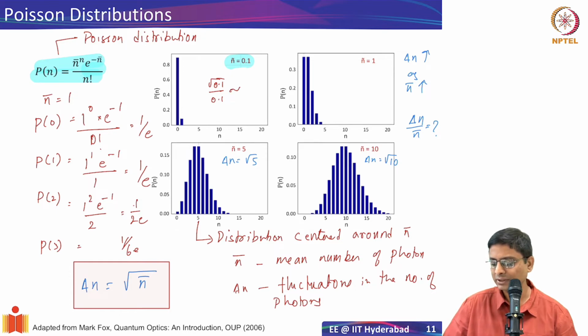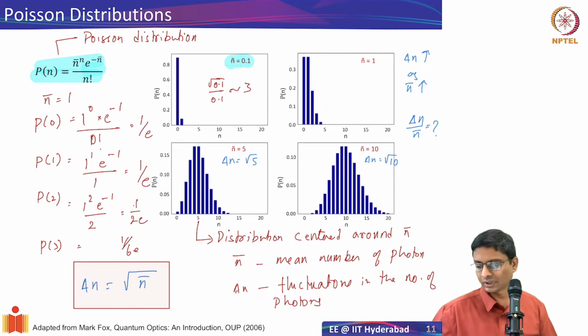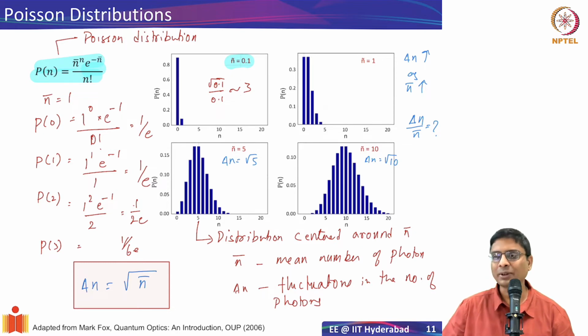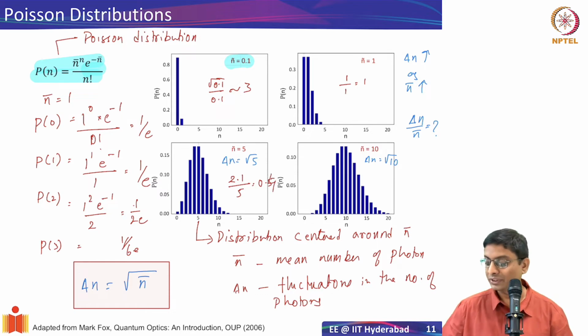The second case is 1 divided by 1, so the relative fluctuation is 1. In the third case, delta n is the square root of 5, 2.2 something, divided by 5, so about 0.4 something. And if you go to an average number of 10, it drops even more: 3 point something divided by 10, so about 0.3.